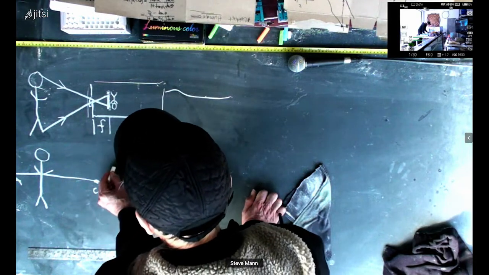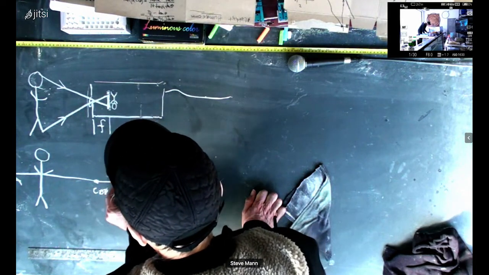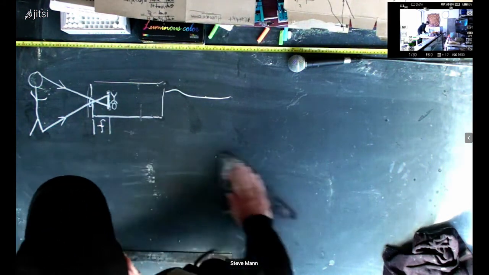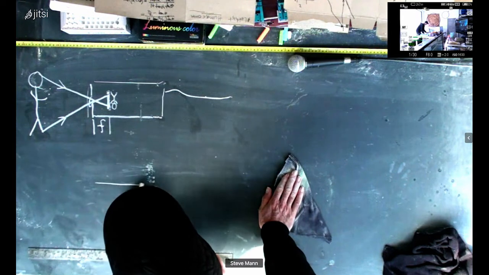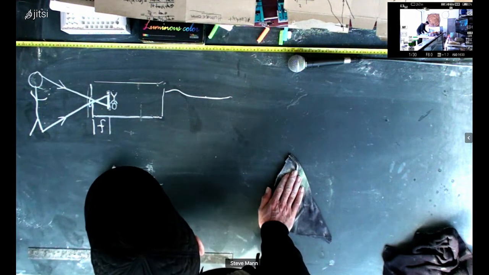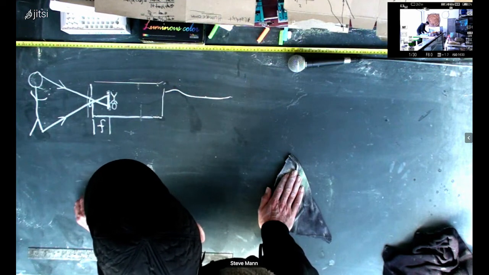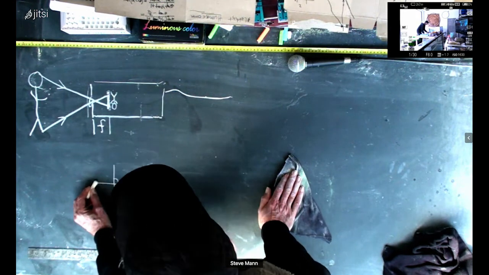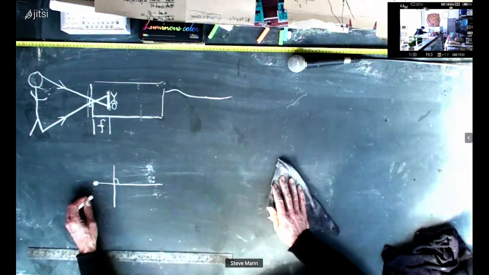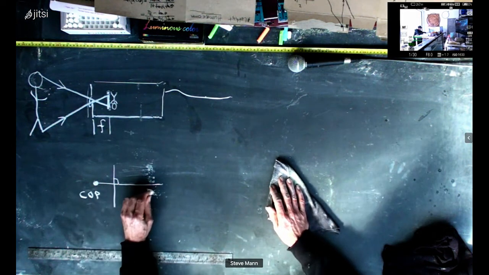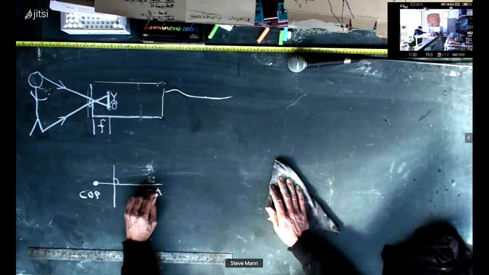So I don't need to really draw the whole camera. I can just say that the camera is simply an optical axis like this, and an image plane that meet at right angles. And I have one point here. And I call this point the center of projection. And this is called the optical axis.